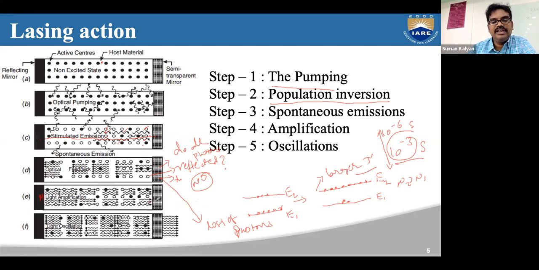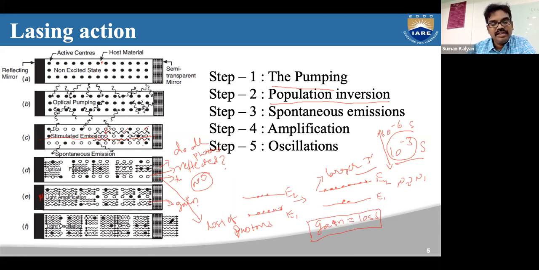When the photons are coming back from this mirror, there will be gain. That is, the number of photons will increase because they will be stimulating the atoms in the higher energy state. When gain equals loss, we say a steady state is achieved.